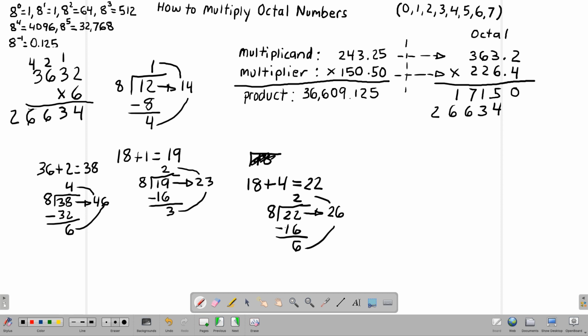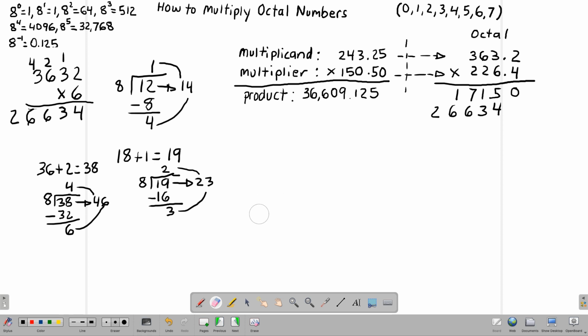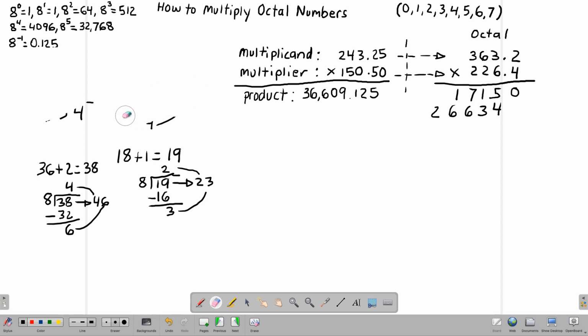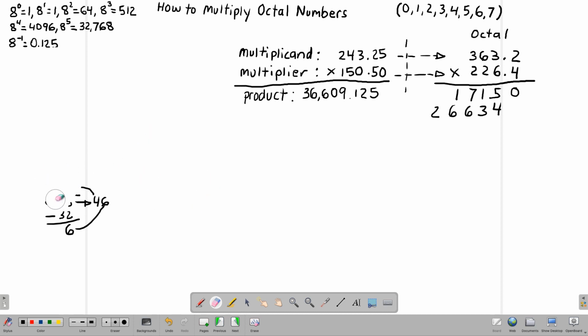All right, so let's clear out. Okay, so the next significant digit is the value 2. We will compute everything from the top.